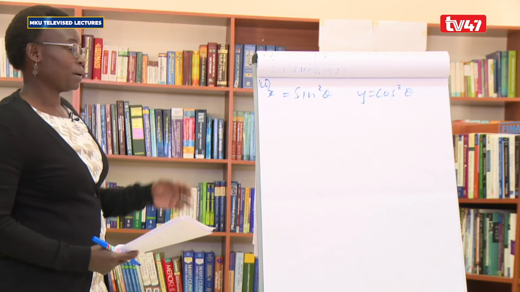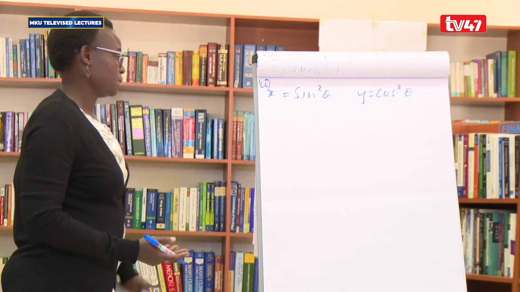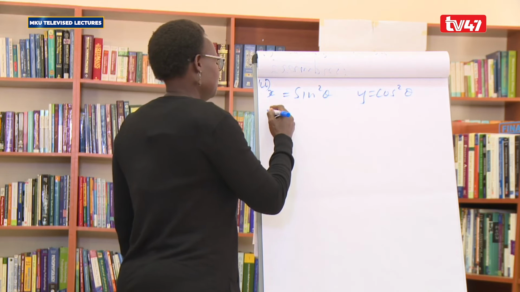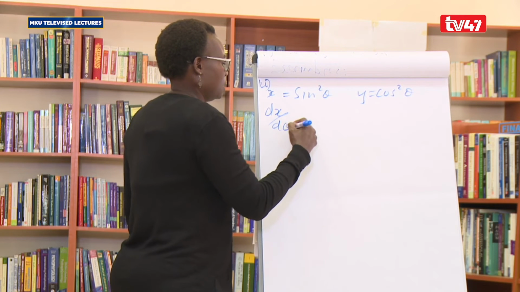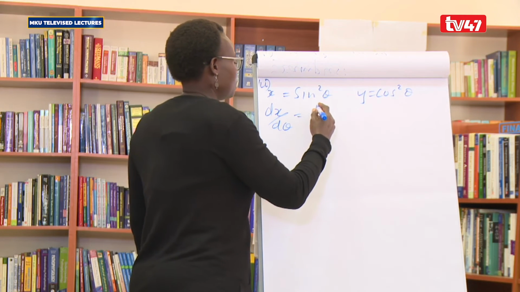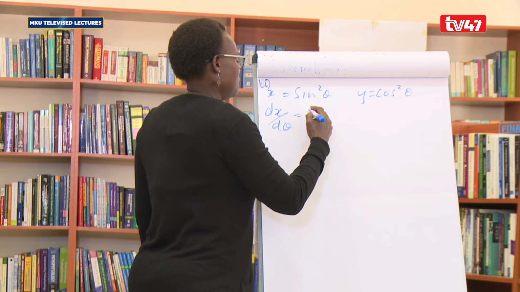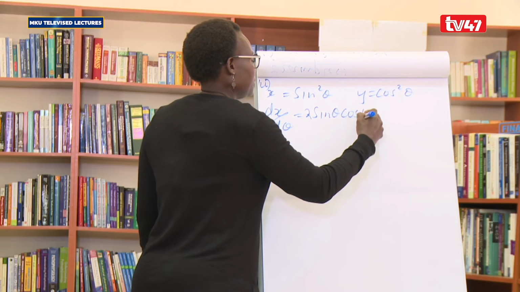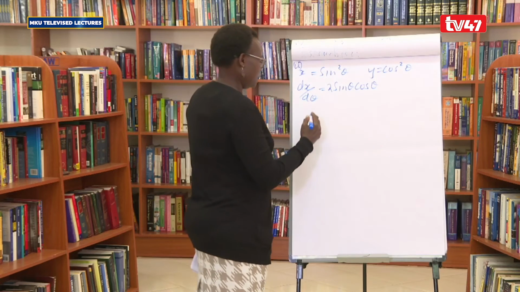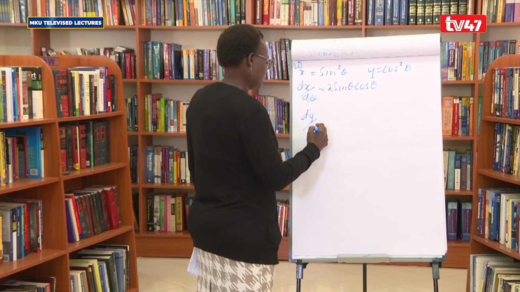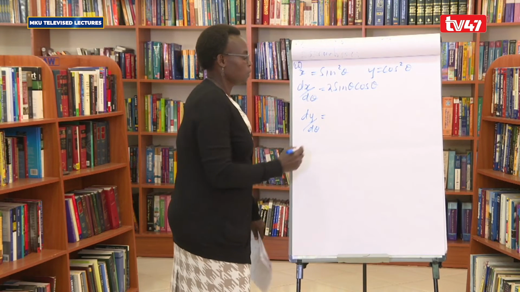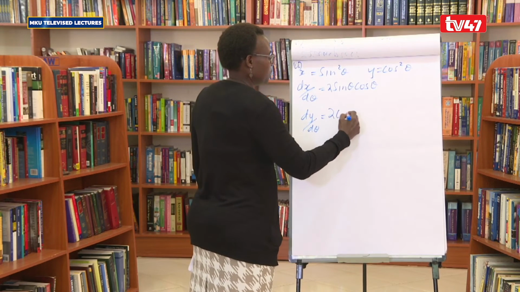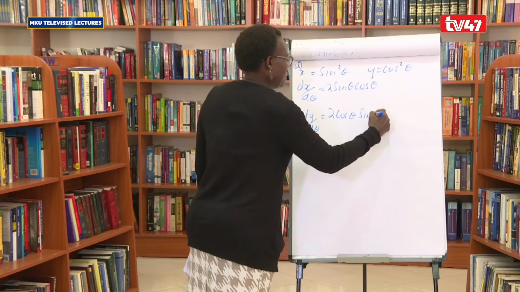So here our parameter is theta, not t, but the implication is the same. So dx over d theta would be 2 sine theta cos theta, and then dy over d theta will give us 2 cos theta sine theta.